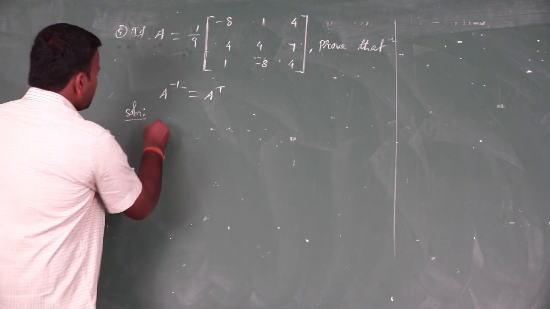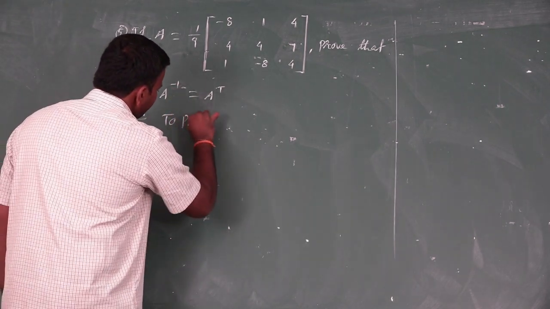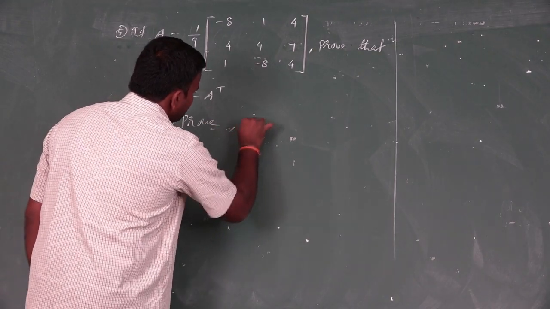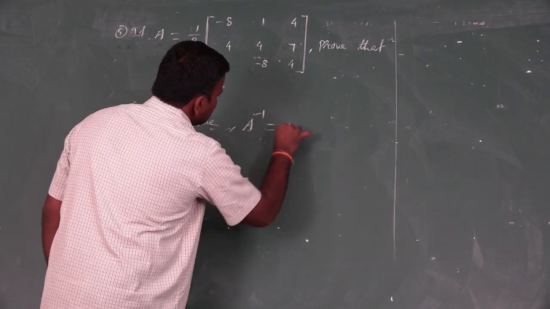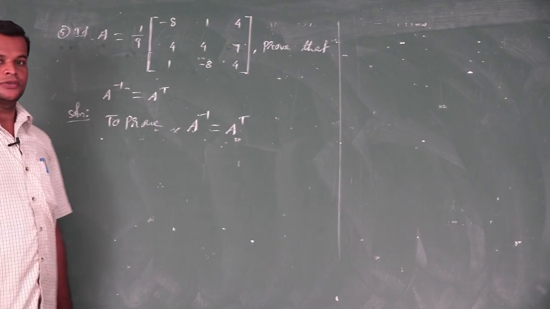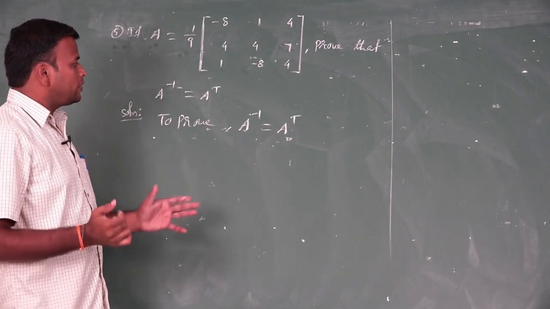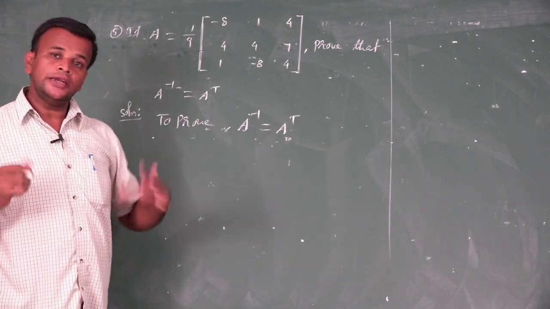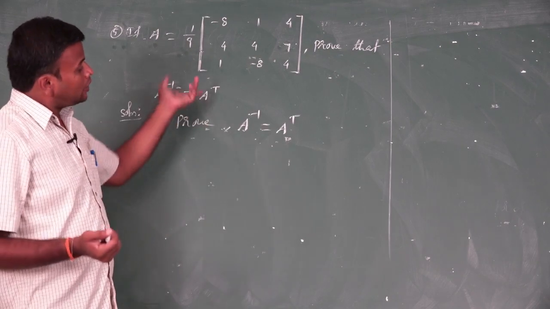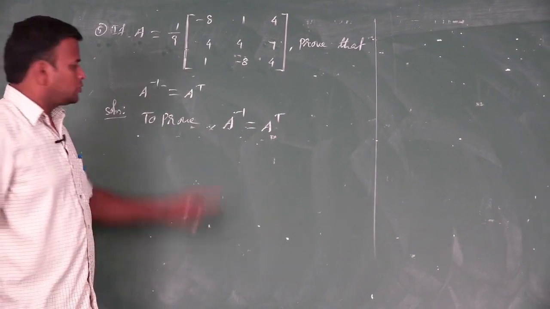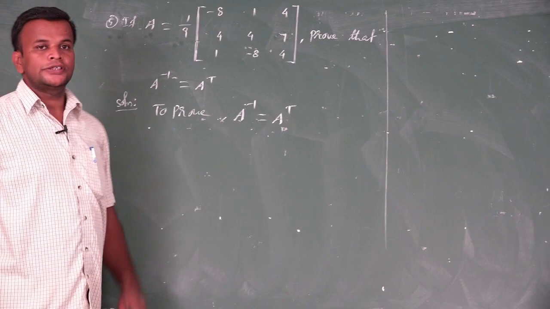To prove A inverse is equal to A transpose, there are two ways. One way is directly finding the transpose and inverse. I will tell the other way. This way is also valid to prove the given sum.